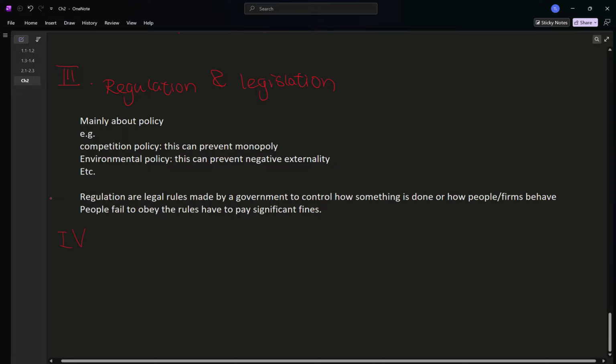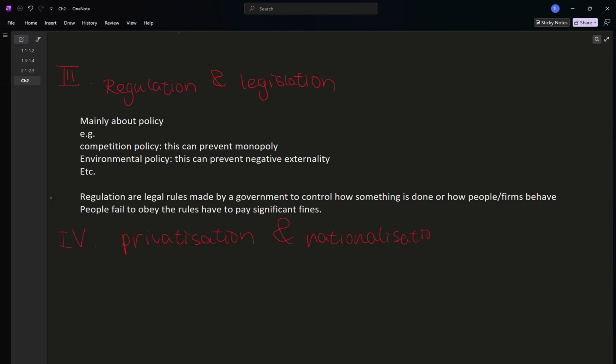Finally, we have the next one, called privatization and nationalization. This is quite easy to understand, but let's type it out. It's not really the hardest one.